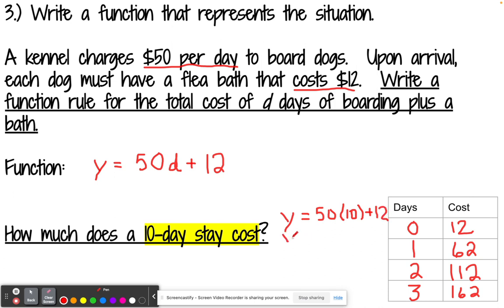Well, 50 times 10 is $500, plus my $12 bath again will leave me with a total cost for a 10-day stay of $512.